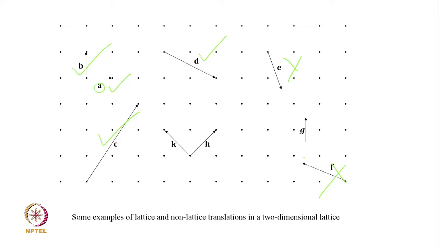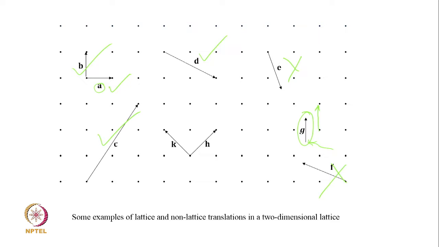Yes. Why? Because vector-wise, although I have not drawn it from lattice point to lattice point, vector-wise it will connect a lattice point to a lattice point if I draw it from a lattice point. The only mistake this vector was making was that it was not starting from a lattice point.